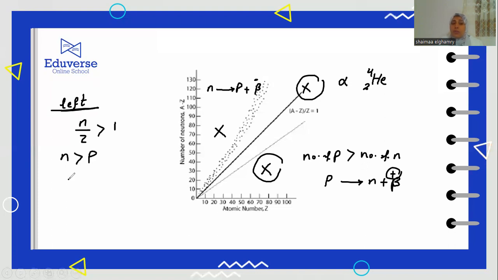So to reach the stability, neutron is converted to proton by emitting beta particle carrying negative charge.